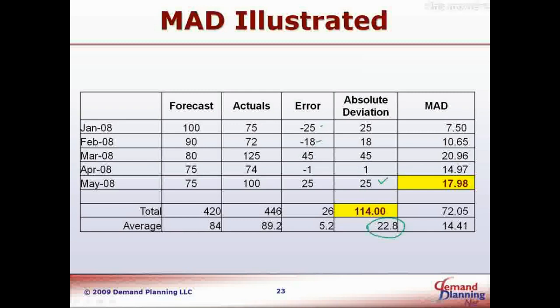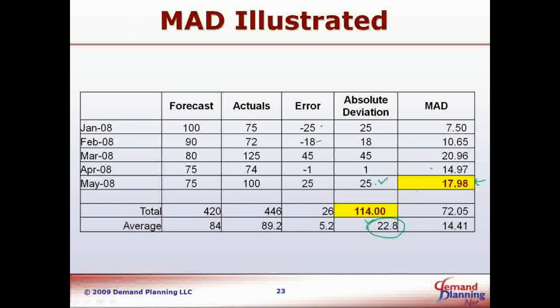If you're using tracking signal, and you're a consultant that can program in the background, then you may say, I'm going to do a macro program here and look at MAD. So if you look at this sheet, it should tell you what the MAD is. The MAD is 17.98 for the last period, which is 30% of the actuals minus forecast.